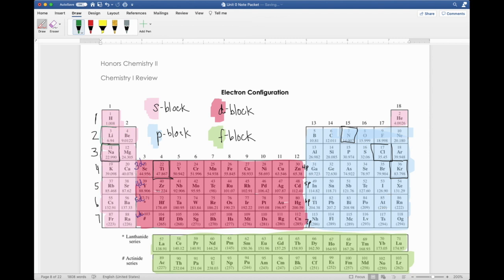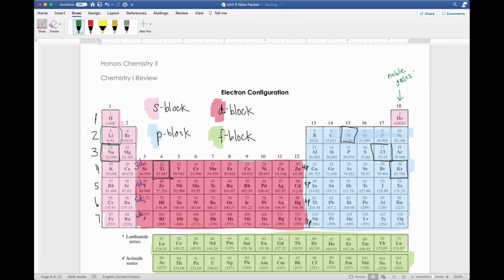So here's lithium. And before we do these, we have to, of course, identify where the noble gases are. And your noble gases are always found in group 18. So your noble gases are right there. What you need to do to determine the noble gas notation is to find which noble gas comes before that element in question.